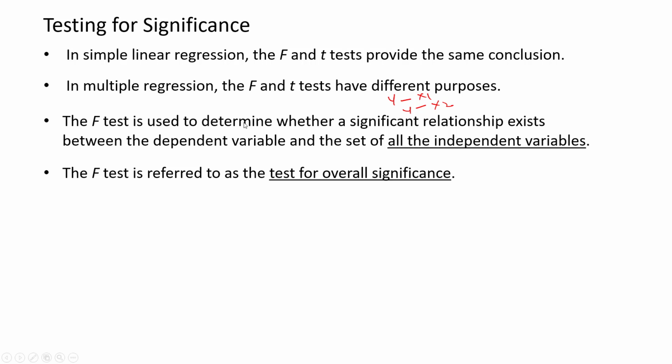The F test is used to determine whether a significant relationship exists. So I have already shown you whether there is any significant relationship, whether you need to accept or reject the null hypothesis between the dependent and the independent variables. And for this purpose, we have already calculated R square and the correlation coefficient. The F test is referred to as the test for overall significance. I already discussed the overall data analysis, because you have two independent variables and one dependent variable.